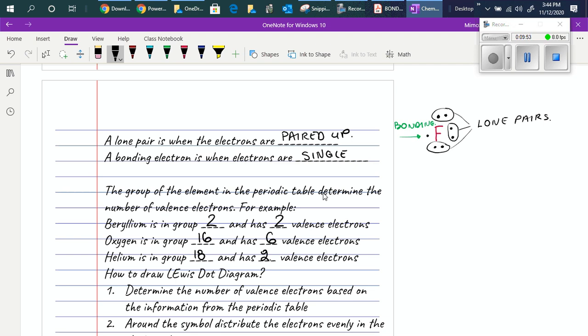And because this is an exception, helium is in the first period, which has only one energy level. However, for the other noble gases like neon, argon, and so on, the number of valence electrons is 8.